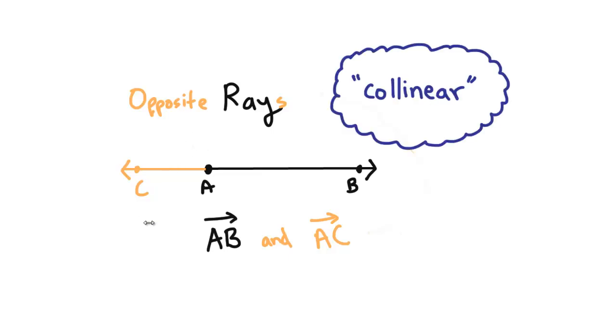You might have noticed that the two opposite rays actually form a line, and we also know that points C, A, and B are on that line, and this introduces a new concept, which is collinear points. If you have a set of points on a line, in this case points C, A, and B, these three points are collinear.